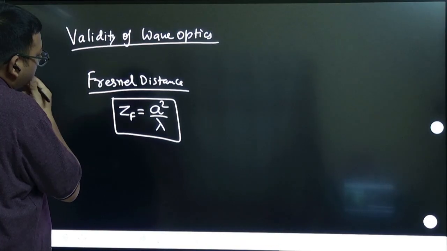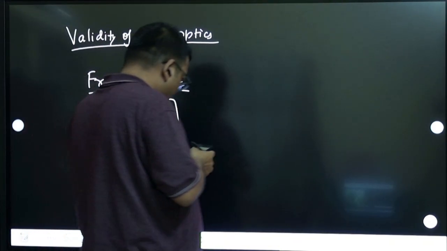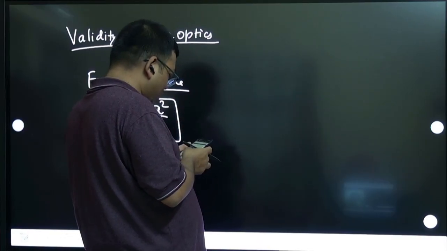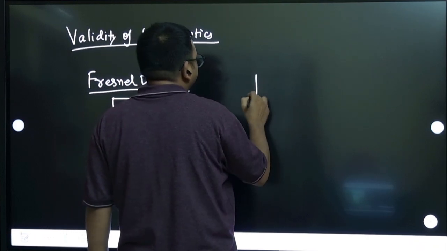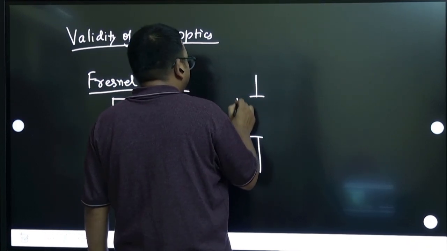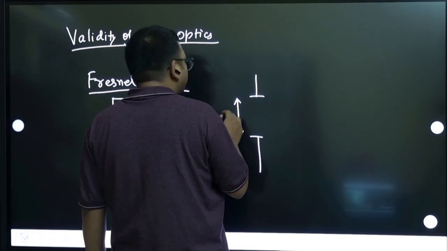Although it is not given in NCERT, I'll try to give the idea behind the Fresnel distance. Suppose you take a slit, and the slit width is b.